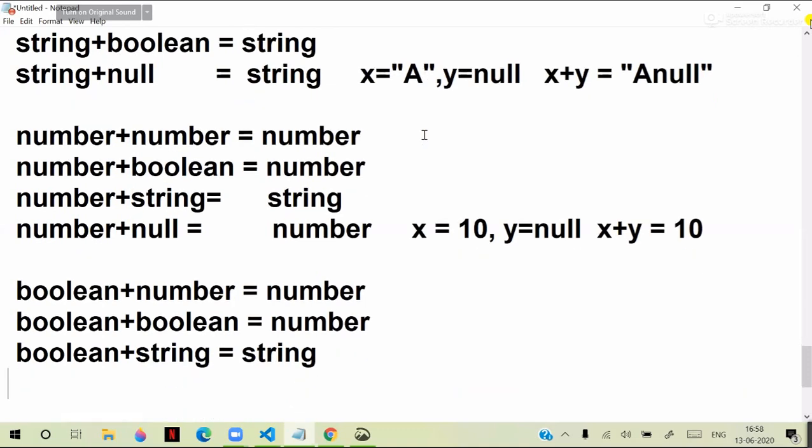Now, for example, boolean plus null, what will it return? It is a number, right? Because boolean is a number type.